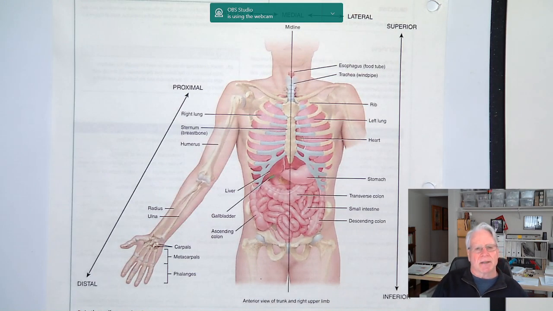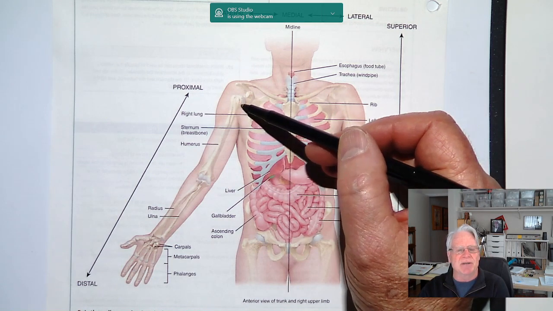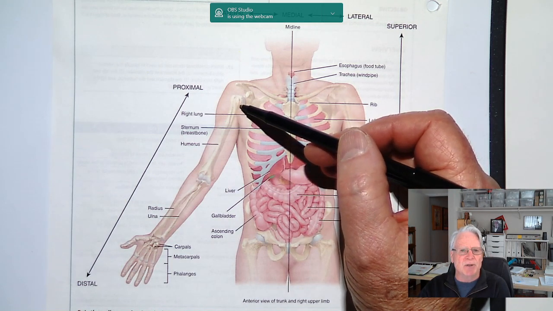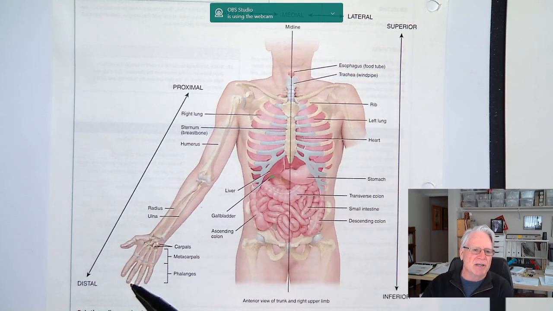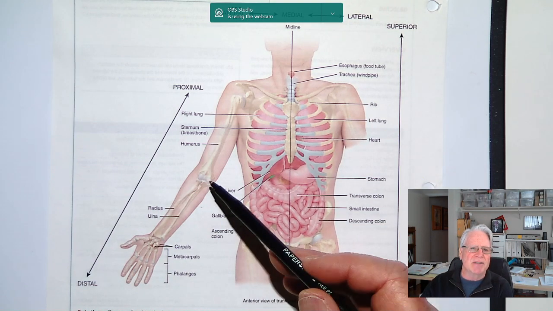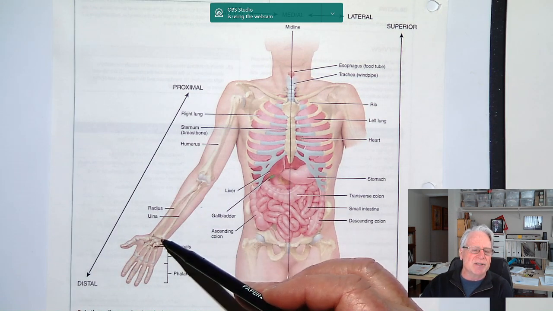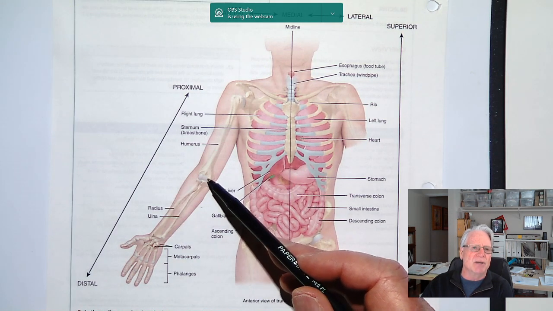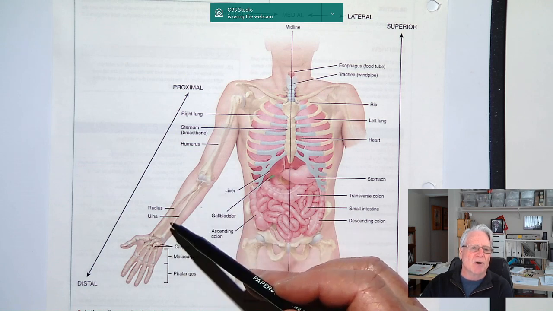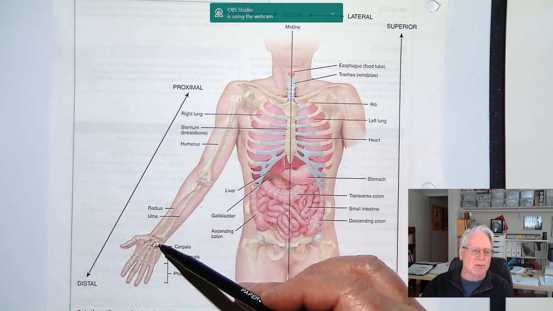Proximal and distal. What we're doing here is we're generally talking about a limb, and generally it's the arm, not so much the leg, but the arm. So we start with the point of attachment, and that is the most proximal position of the arm. So this is proximal, and way out here is distal. If I compare the elbow to the wrist, what I'm saying is that the elbow is more proximal than the wrist, or the elbow is proximal to the wrist.